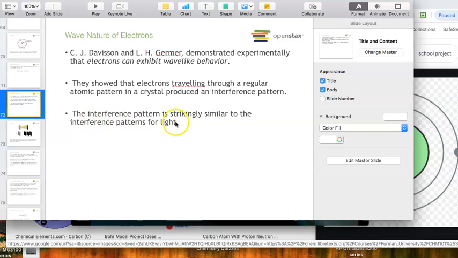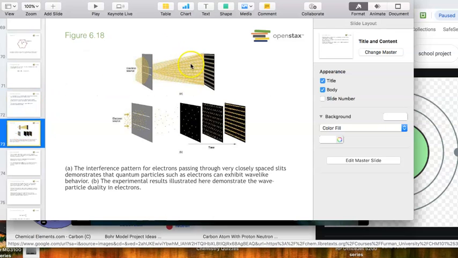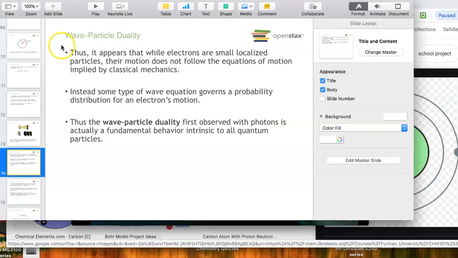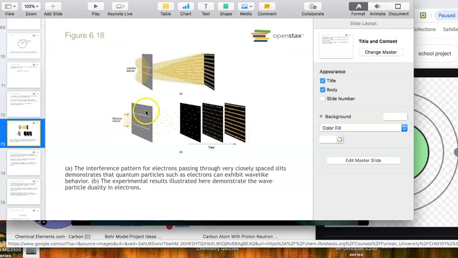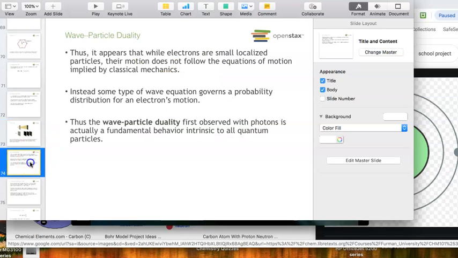So the interference pattern was strikingly similar to the interference pattern for light. And then in another experiment they did, they had another electron source. Electrons were able to go through slits, and their results showed that the electrons in this case acted like particles.